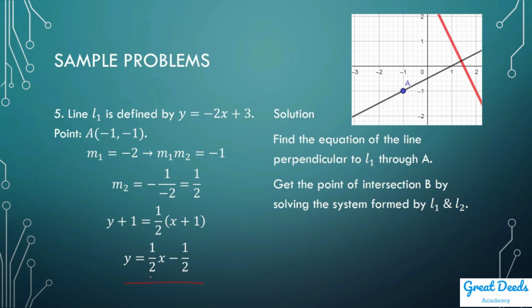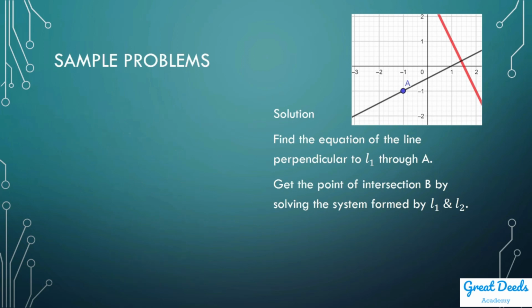Now look at this. y is equal to this, and y is also equal to negative 2x plus 3. So we have two lines that make a linear system. Solve for the point of intersection, solve for x and y. We can do that by substitution.